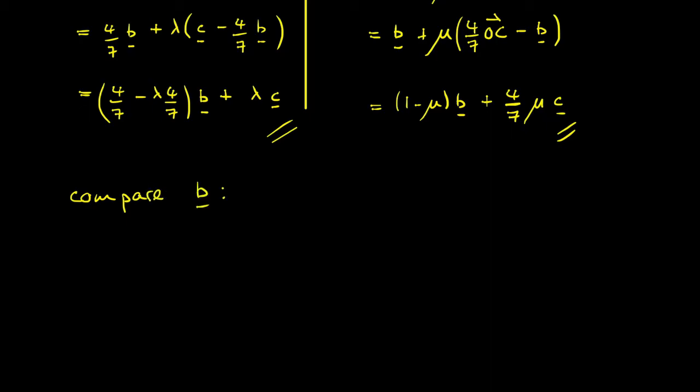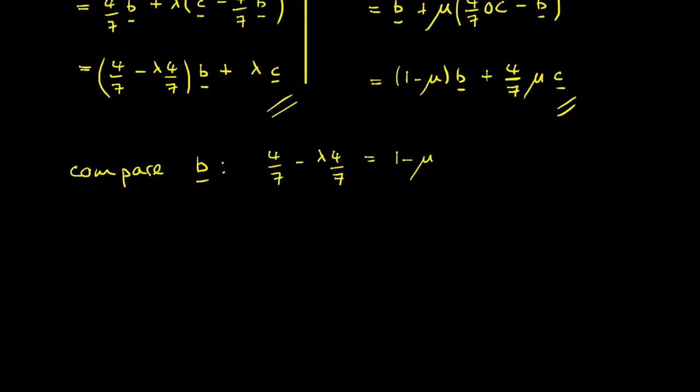So the component of B here is 4/7 minus lambda times 4/7. So 4/7 minus lambda times 4/7 is going to be equal to the component of B over here, which is 1 minus mu. And I think we'll simplify that. I'll times both sides through by 7, I guess.